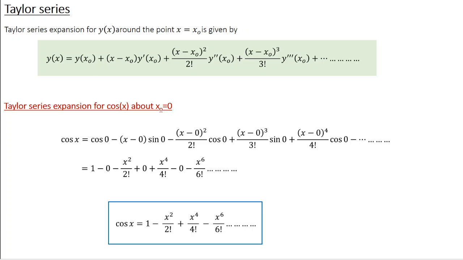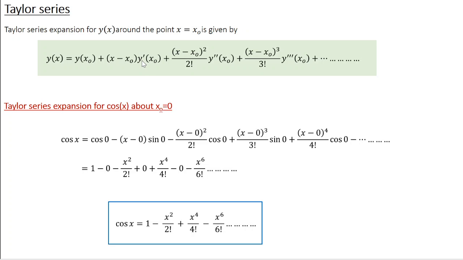So you try to represent y of x as an infinite series. This is known as Taylor series, and this kind of an expansion is known as Taylor series expansion. So I can write y of x equal to y of x naught plus x minus x naught y prime of x naught, where y prime is the first derivative.